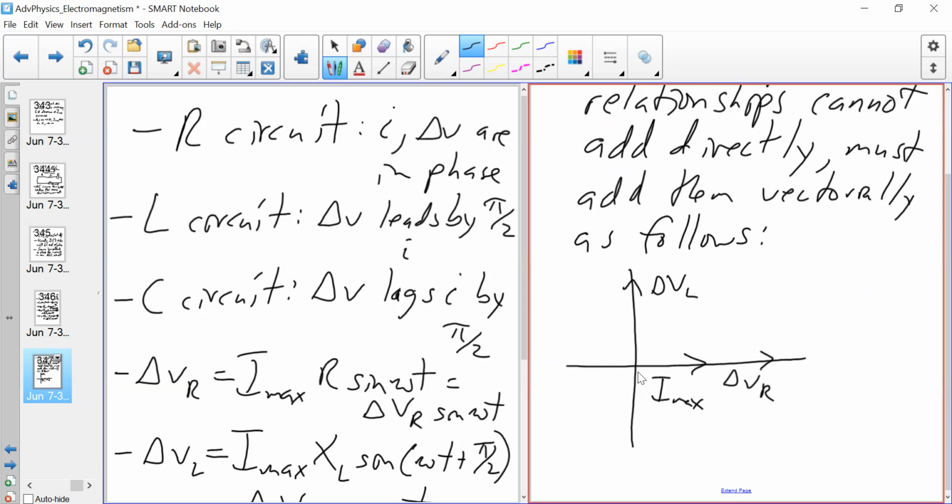And then in a capacitive circuit, the voltage lags behind the current by 90 degrees. So current is in common with all of these different voltages, in phase with the resistor. Voltage leads by 90. And then here we have a lag by 90.